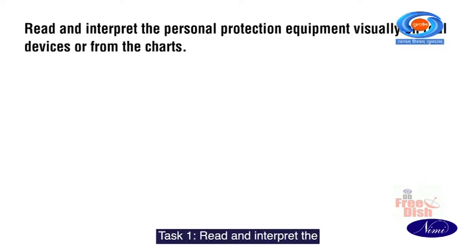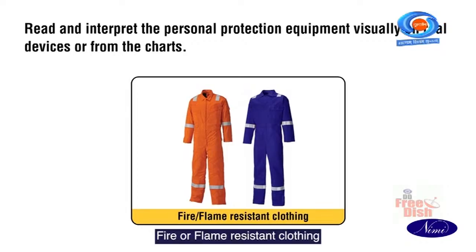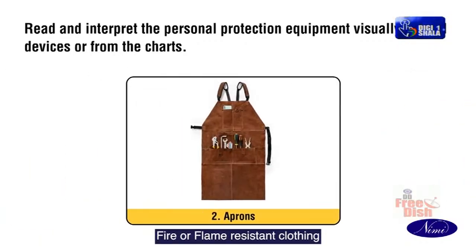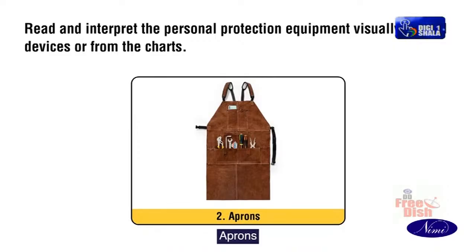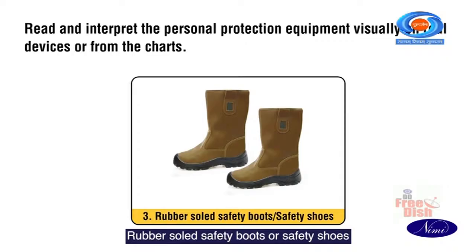Task 1. Read and interpret the personal protection equipment visually on real devices or from the charts. Fire or flame resistant clothing. Aprons. Rubber-soled safety boots or safety shoes.